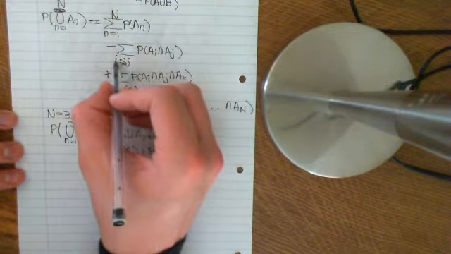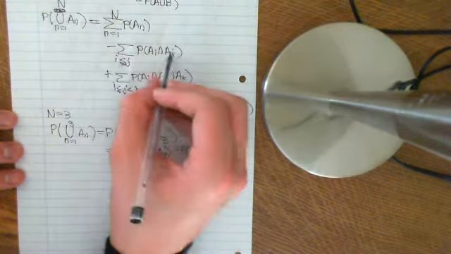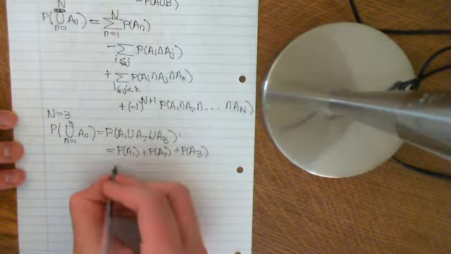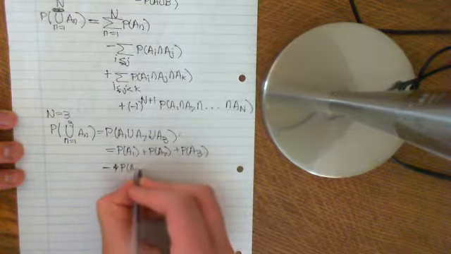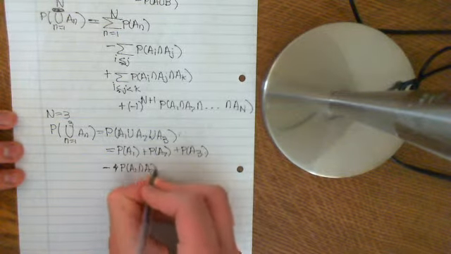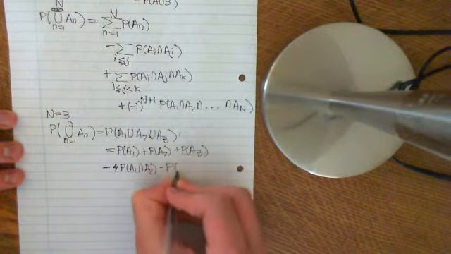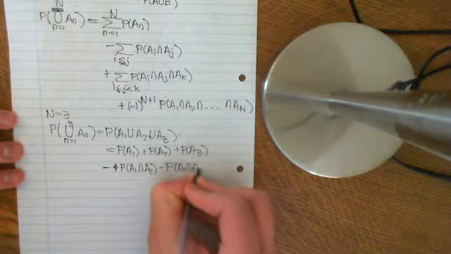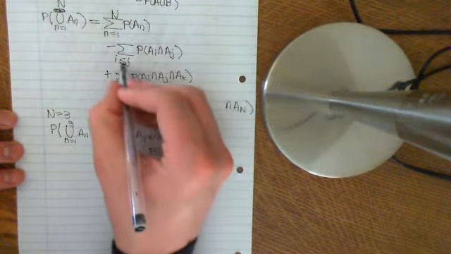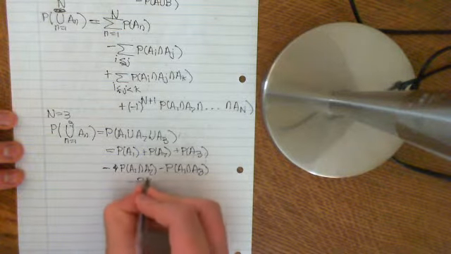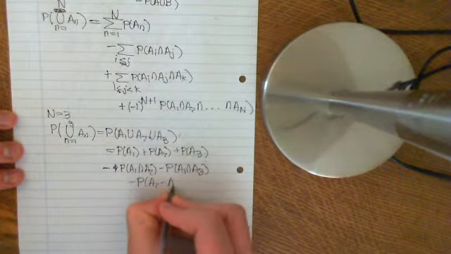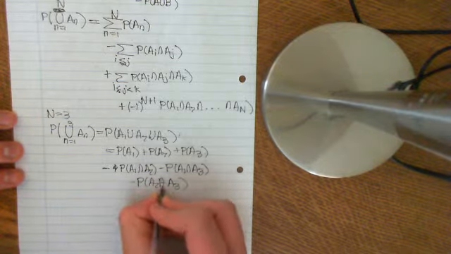So let i equal 1, then j could equal 2 or j could equal 3. So minus the probability of A1 intersection A2. Now minus the probability of A1 intersection A3. And then move i up, it's now 2, the only number j could be is 3, so minus the probability of A2 intersection A3.